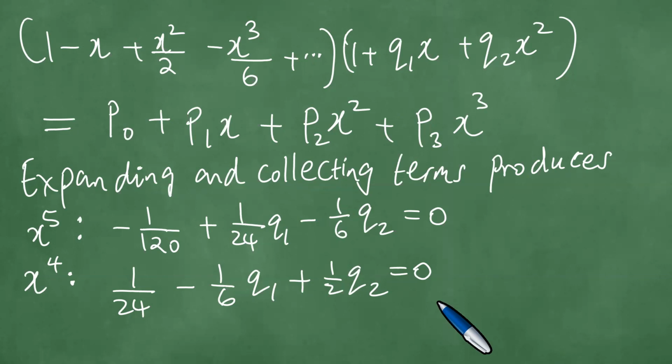So what you have here is minus 1 out of 120 plus 1 out of 24 Q1, and then there is the minus 1 over 6 Q2.